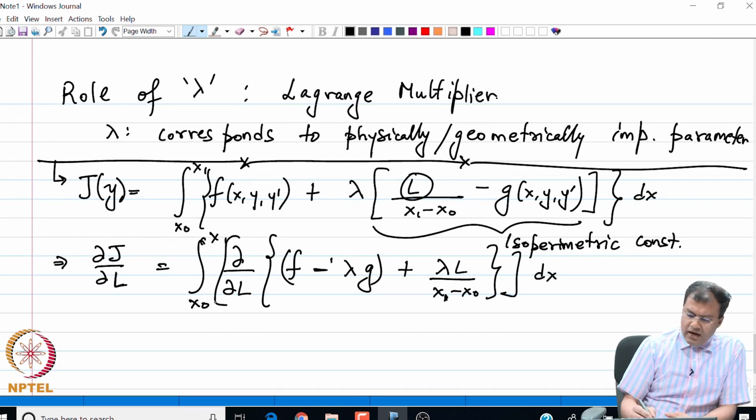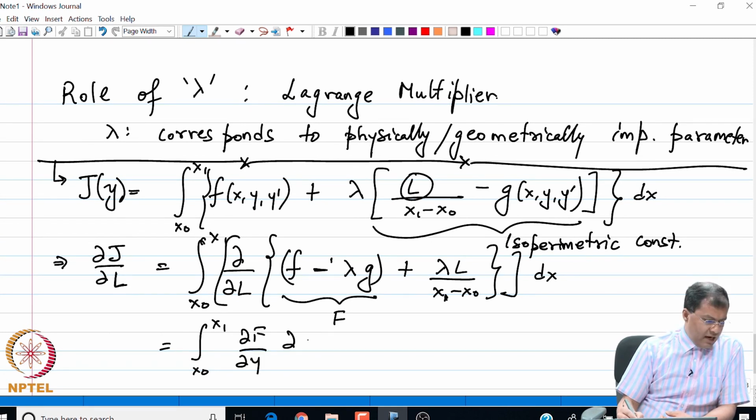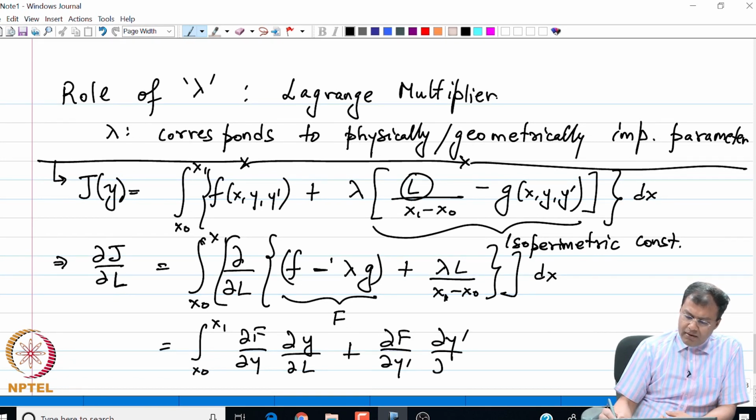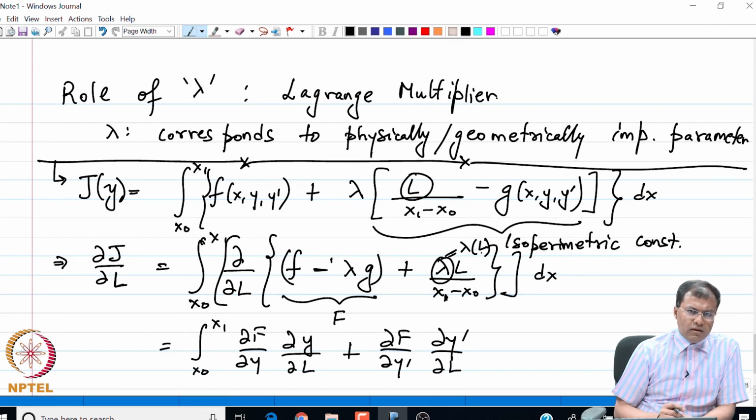Then we can use the chain rule. Let me denote this quantity by capital F. The derivative becomes del F del y times del y del L plus del F del y prime times del y prime del L. Note that lambda can in general also be a function of L, because L is a constant parameter.